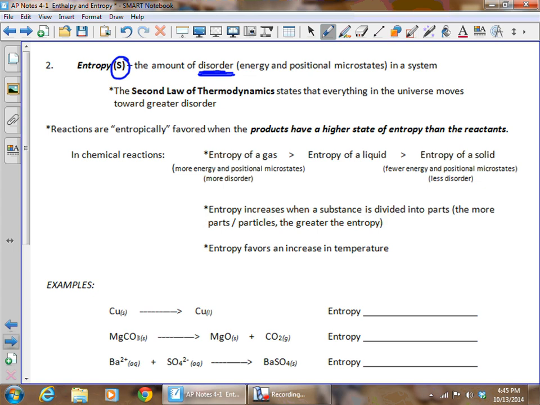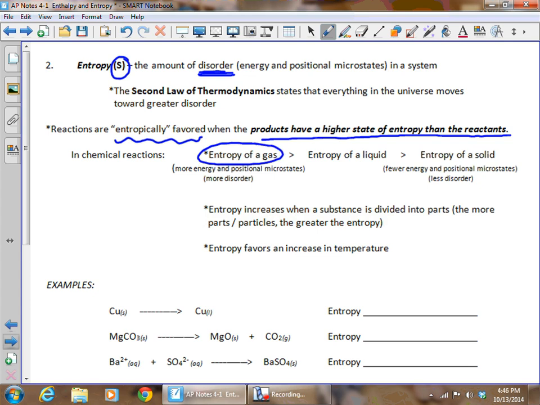Reactions are entropically favored when the products have a higher state of entropy than the reactants, meaning we want the products to be sloppier. We want them to have a greater state of disorder. Now, what do we mean by a greater state of disorder? In chemical reactions, the highest state of disorder is a gas.